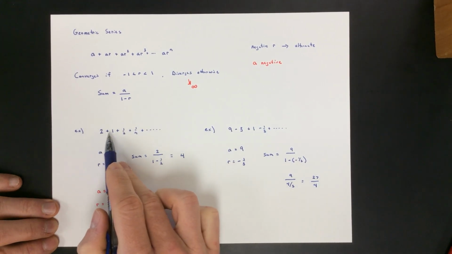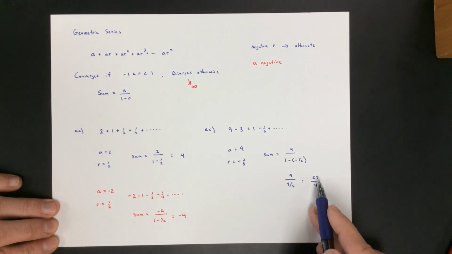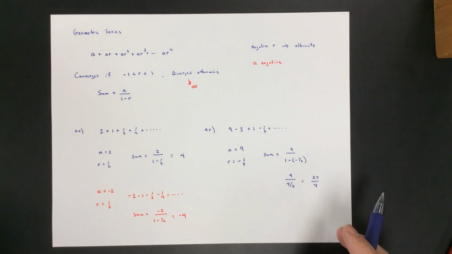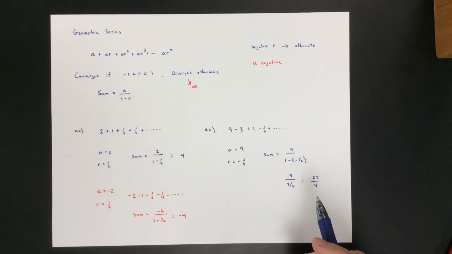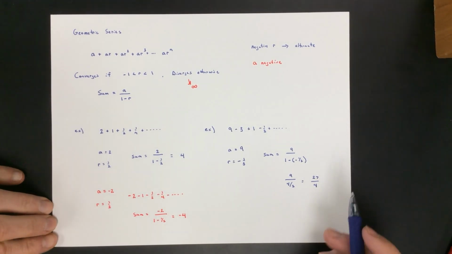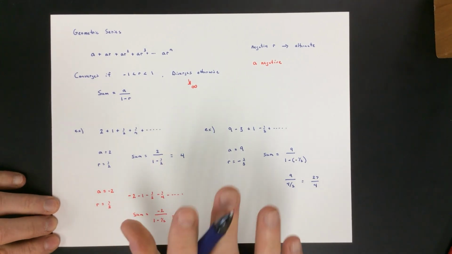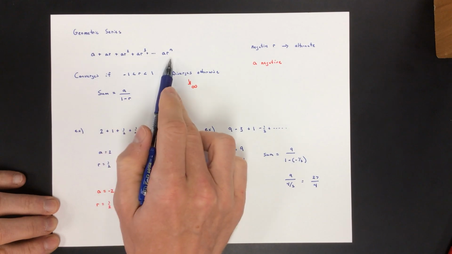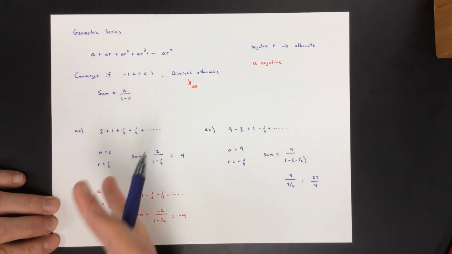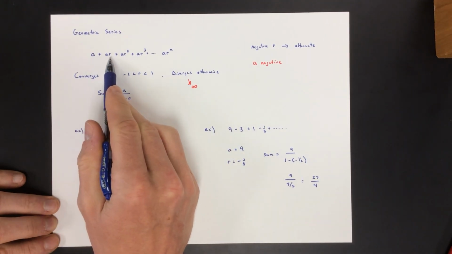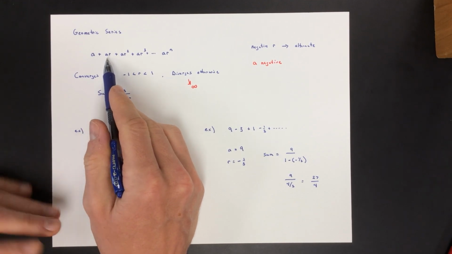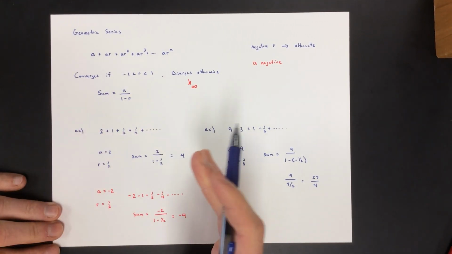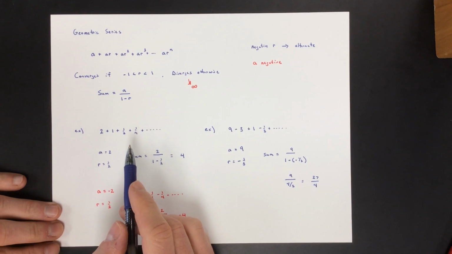You know, this one was pretty easy to see that it was 4. We wouldn't have gotten 27/4 by just looking at it, but that's okay. We don't have to just look at everything and know. But again, a geometric series always has this exact same pattern. If it doesn't go up or down by some multiple of r, it's not geometric. Now, it could be a geometric series that's just not convergent, if r is bigger than 1, it would diverge.